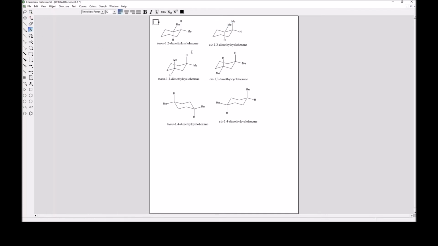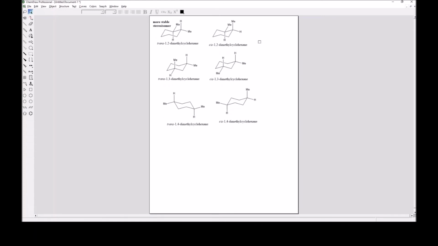And so this right here is the more stable of the stereoisomers. So it's the more stable stereoisomer. And the reason I want to use my words carefully here, stereoisomer and not conformational isomer, is that conformational isomers can just flip back and forth. Stereoisomers can't.